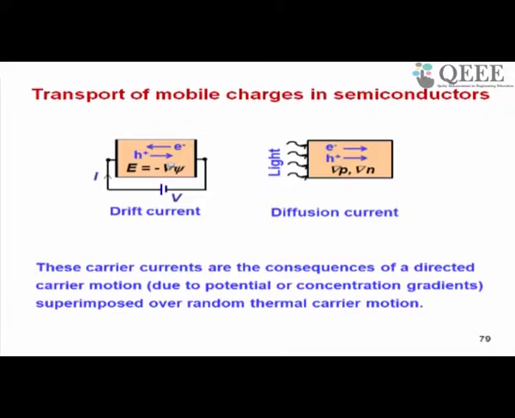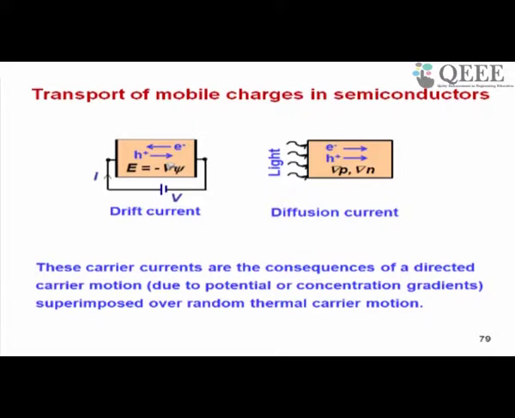Let me distinguish it from the motion of an electron in vacuum, for example. In vacuum, suppose I have an electron and I apply an electric field. What will happen? The electron will move against the direction of the electric field like this, right? If I were to describe transport of an electron in vacuum, it is against the direction of the electric field, in a single line.